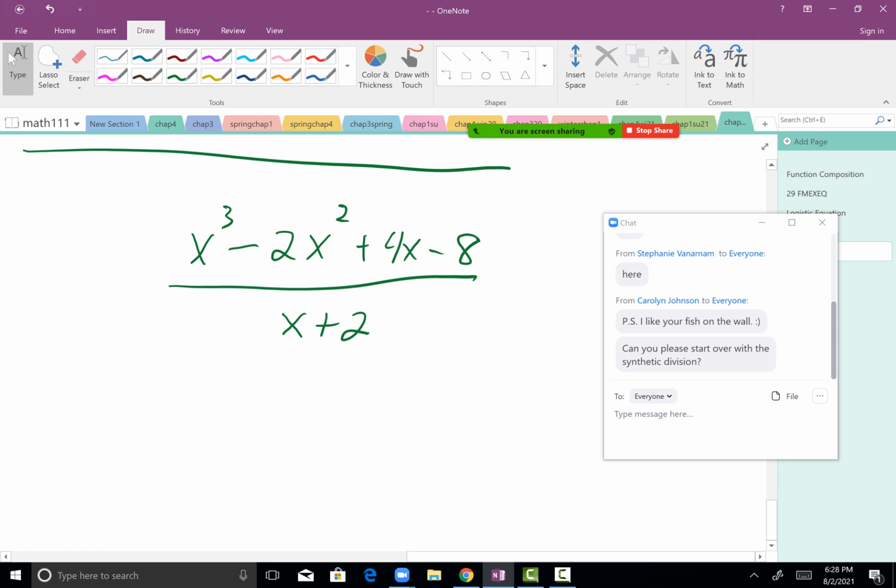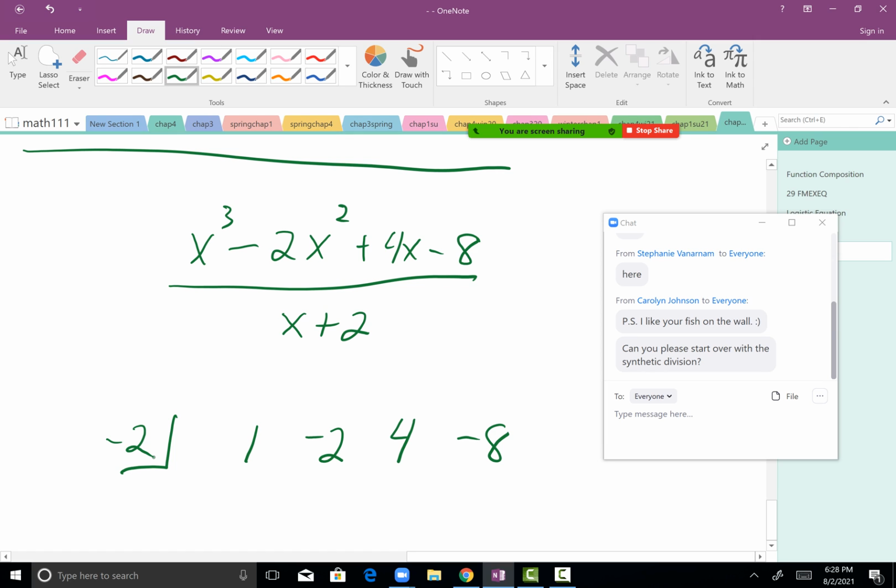So what we're going to do then is go across here with our coefficients. So it's going to be 1x cubed. So it'd be 1, negative 2, 4, and negative 8. And we're going to divide it by the opposite of that.